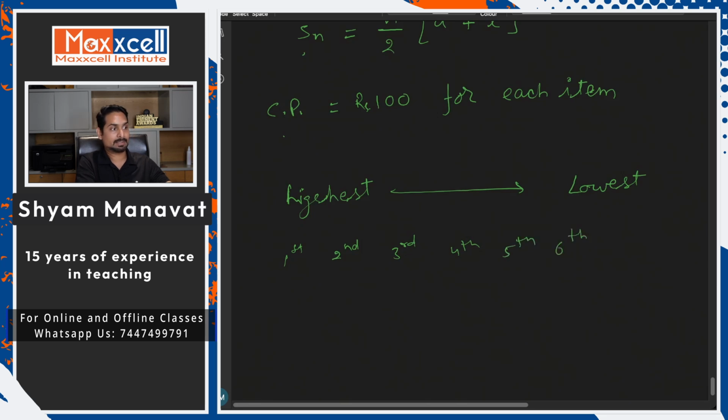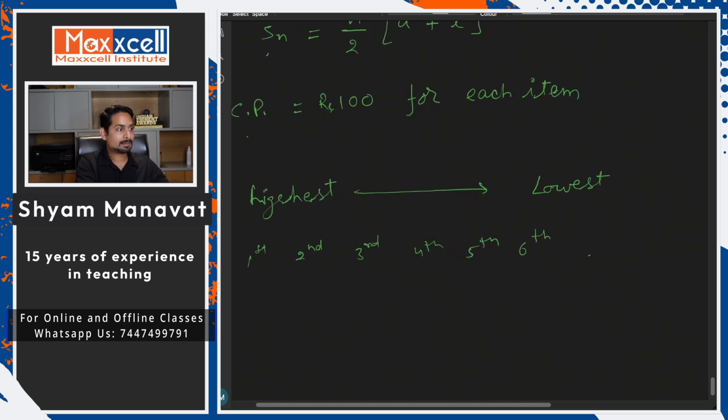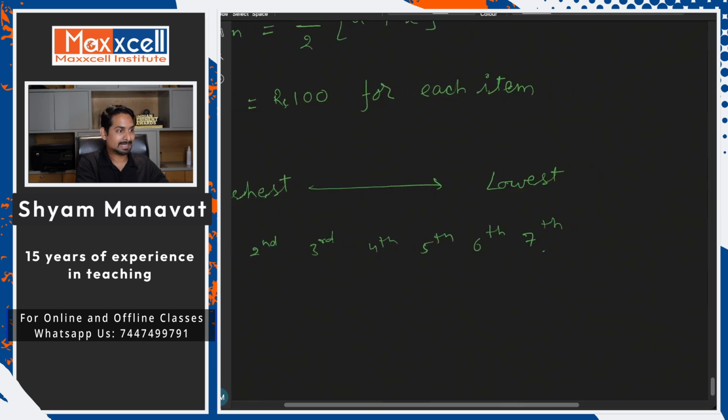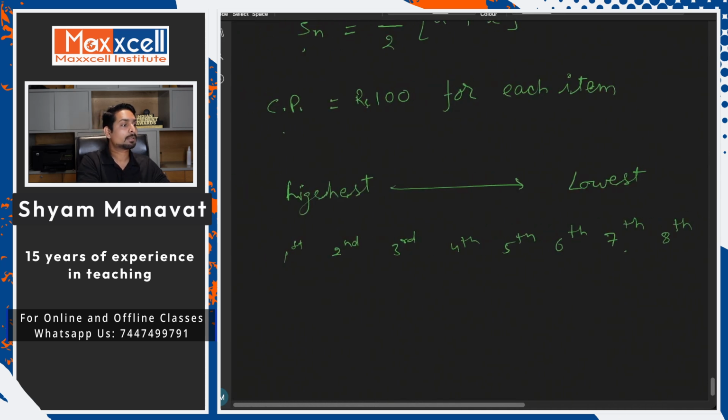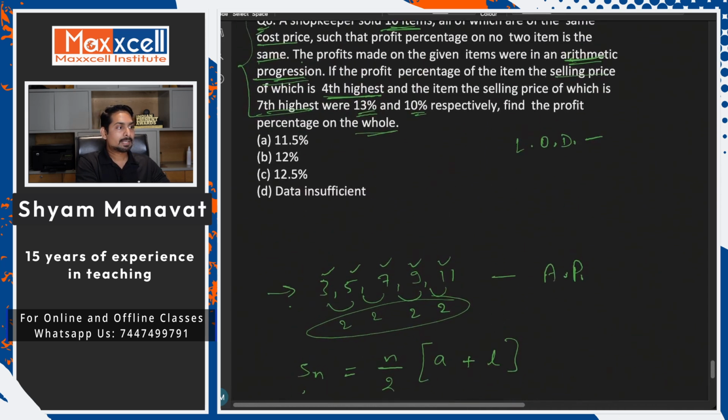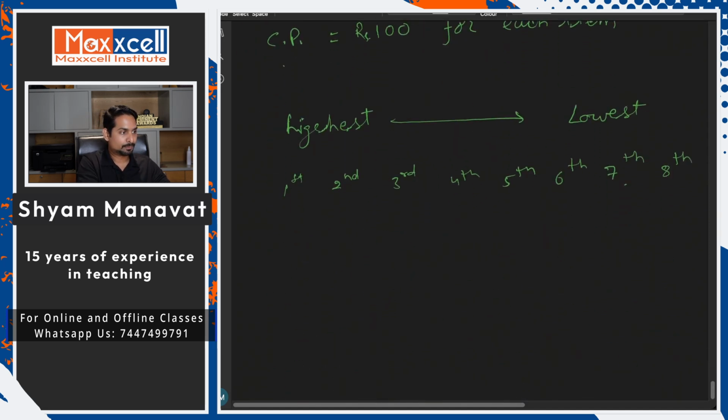You don't need to write this in the exam. 7th highest, 8th highest, 9th highest, and the last is the 10th highest, which is the lowest one. That is just to make you understand. The question said the profit percentage is 13% on the fourth highest and 10% on the seventh highest.